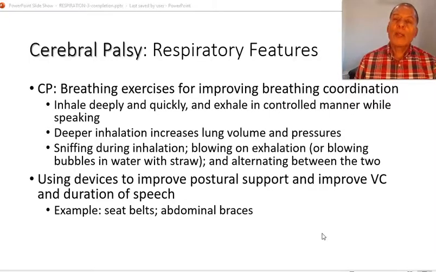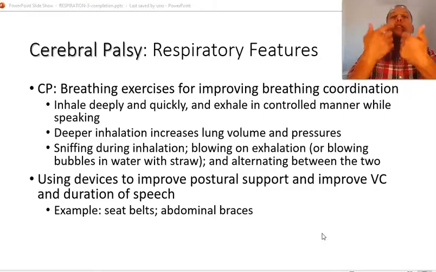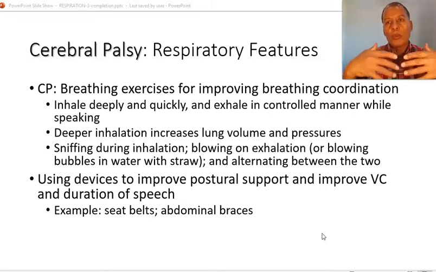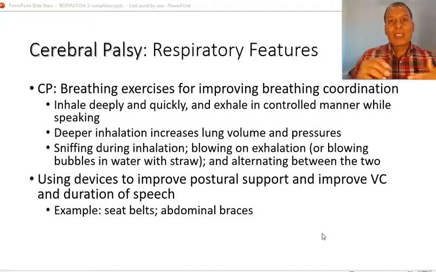Another exercise is to blow on exhalation as the person is exhaling, to blow air out, or to blow bubbles in water, because water has resistance. When the person is using a straw and blowing bubbles in water, that means they put some more muscular force. And then alternating between the two, sniffing and blowing.